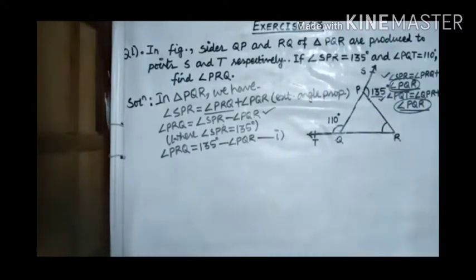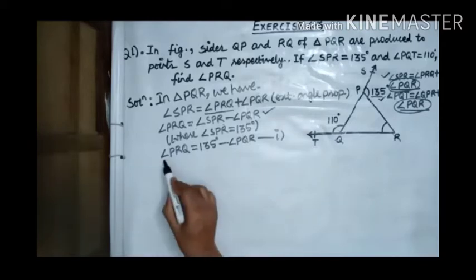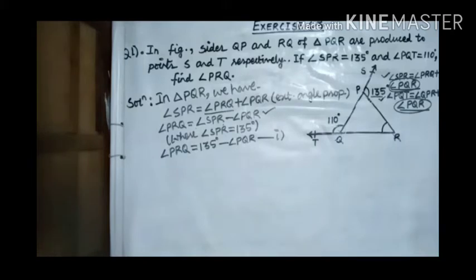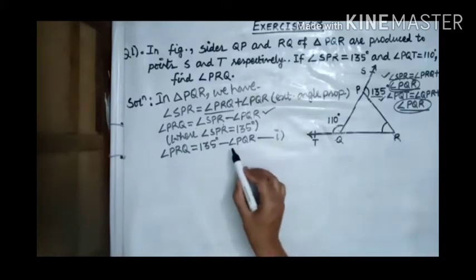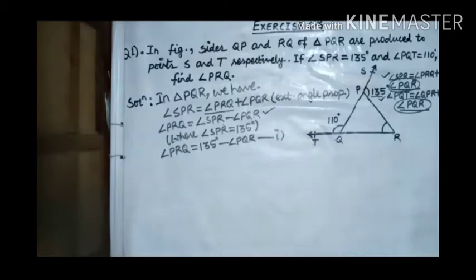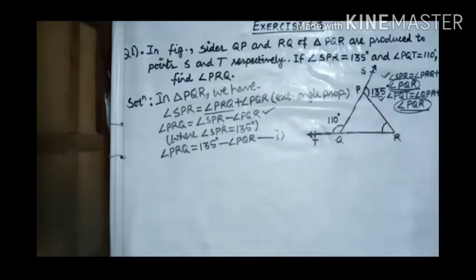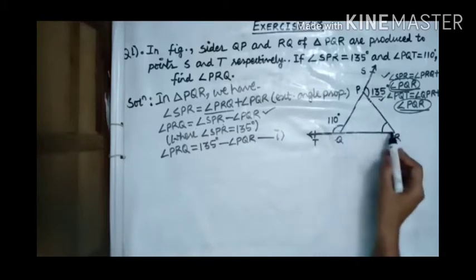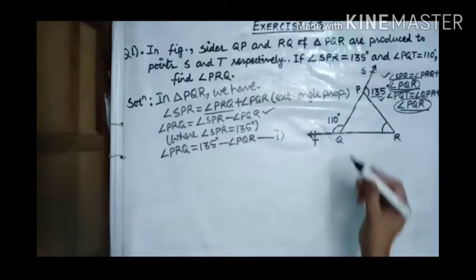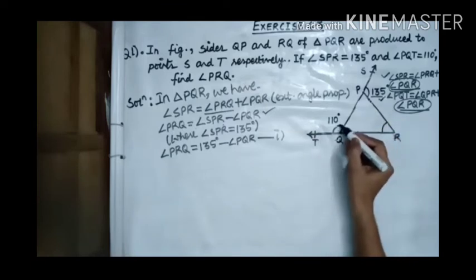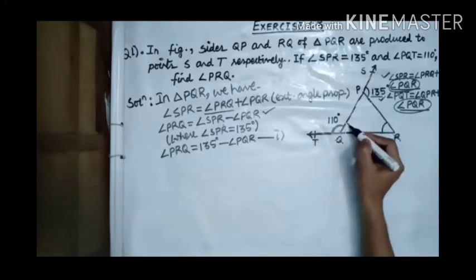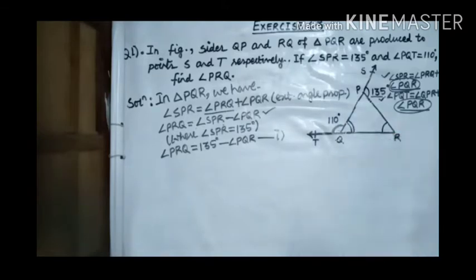Now from equation first, you may observe that this angle PRQ is calculated if the value of angle PQR is known. So for angle PQR, we observe the ray RT on which two adjacent angles PQT and PQR are formed, whose non-common arms QT and QR are just opposite to each other. Therefore, angle PQT and angle PQR will be a linear pair of angles. That's why their sum will be 180 degrees.